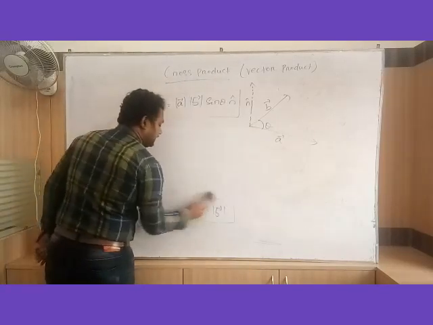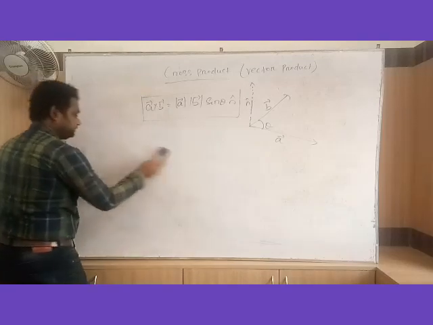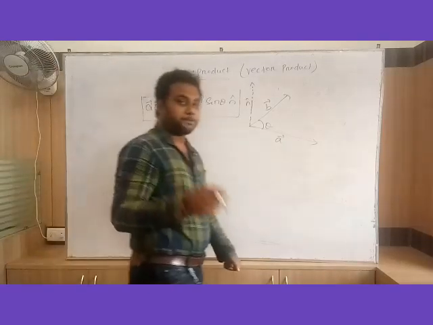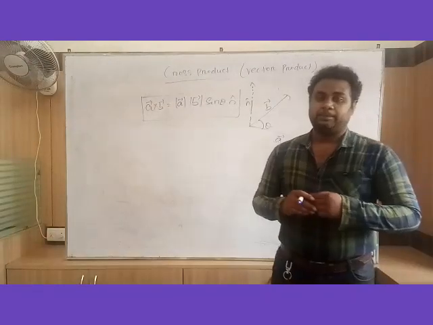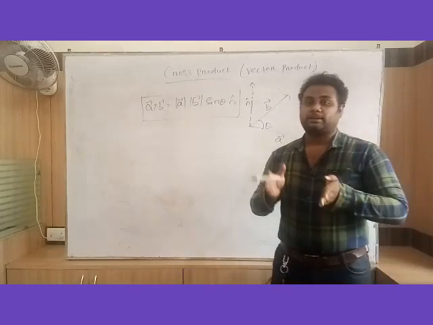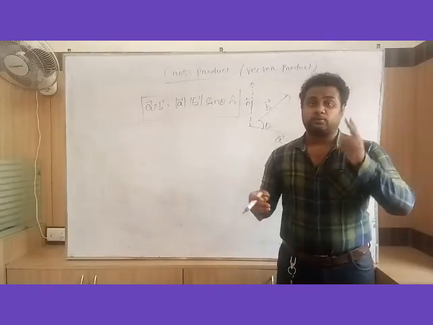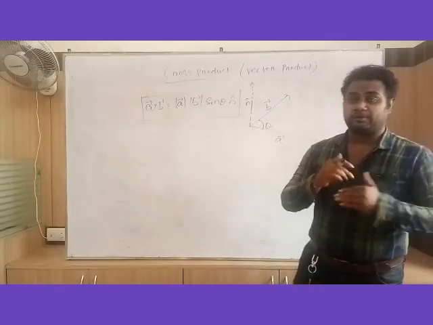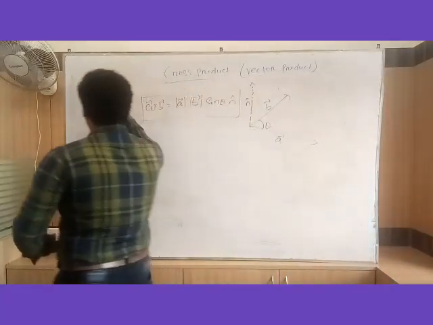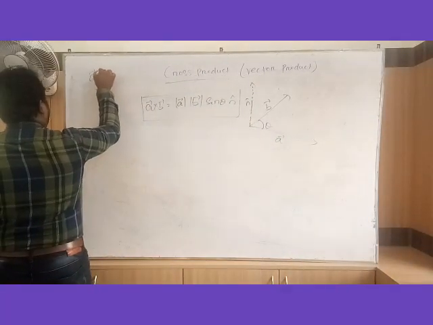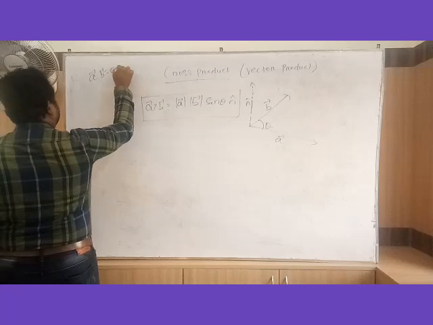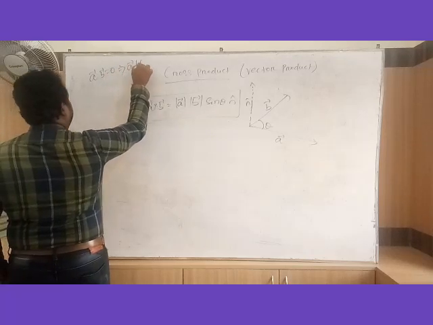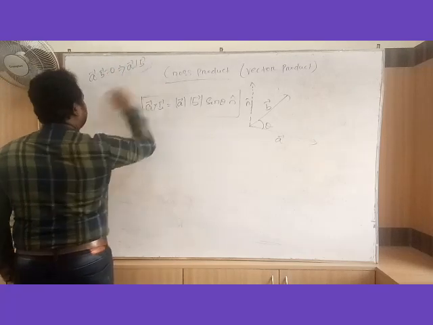Then note another case. In case of dot product, we know that if the dot product of two vectors becomes 0, then the two vectors are perpendicular to each other. That means if A dot B equals 0, then A vector is perpendicular to B vector.